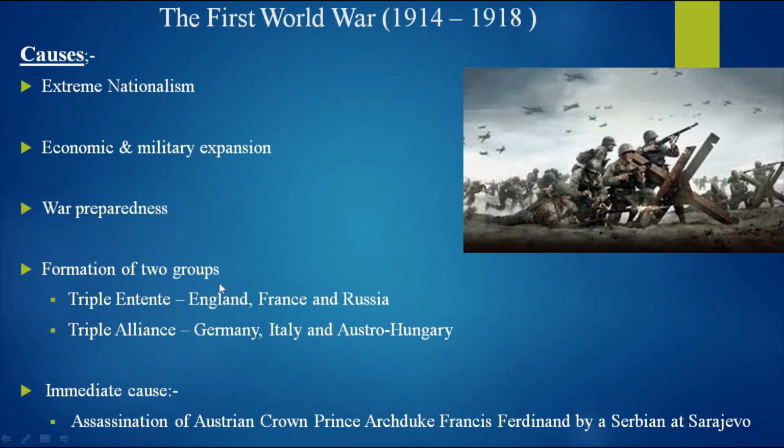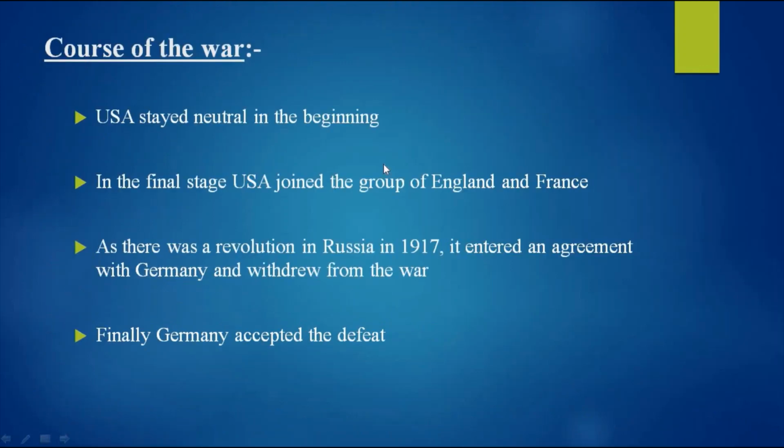Austria is the opposite party to England, so England decided to support Serbia. In the beginning, the USA stayed neutral, and the other parties waged the war.